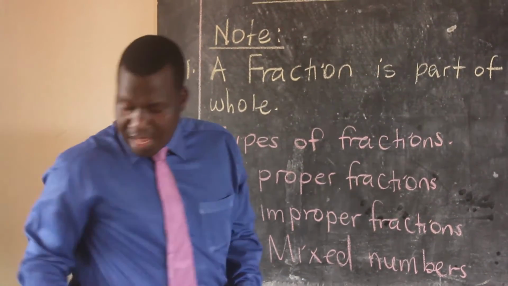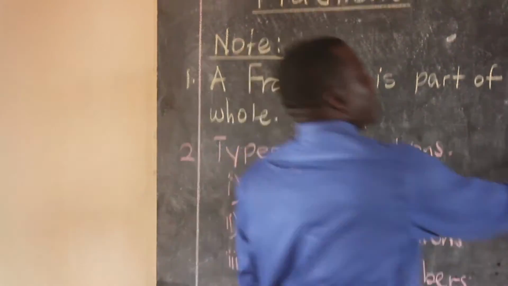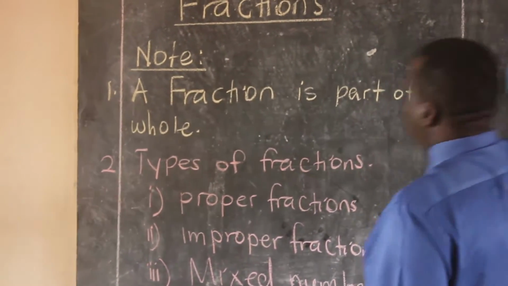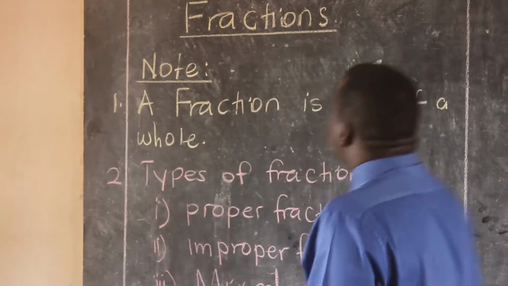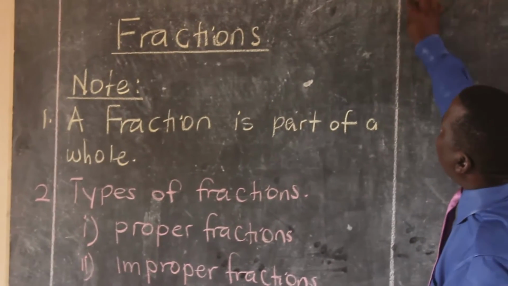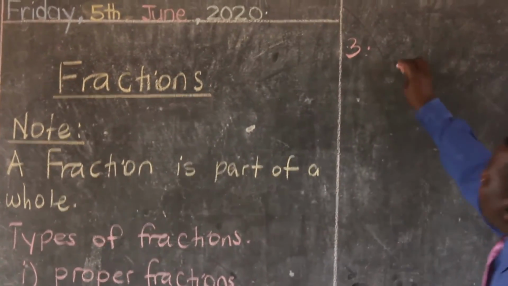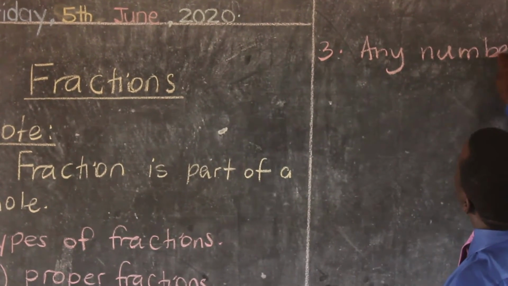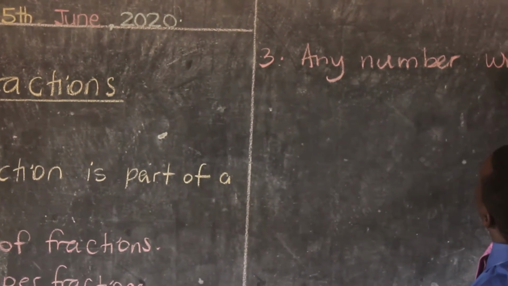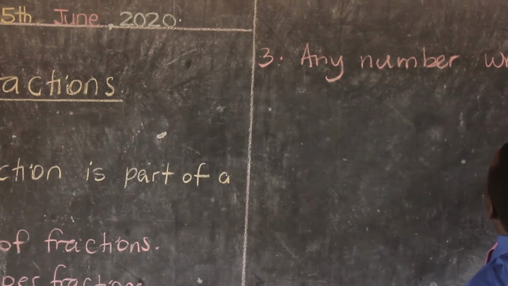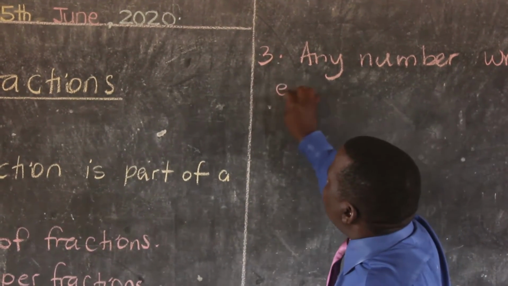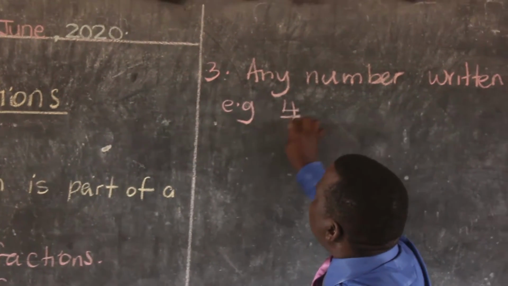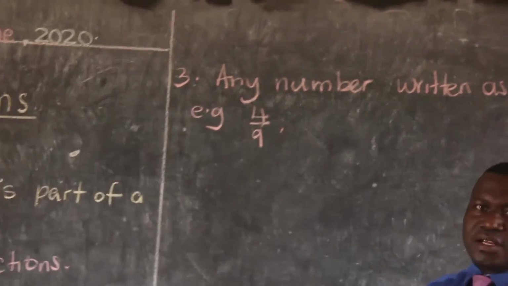Because as you are going to see in these examples, if you have any number written as, for example, 4 out of 9, that one is a fraction.